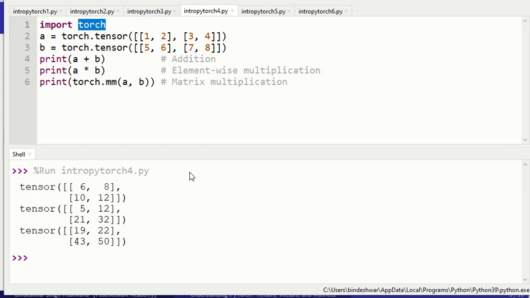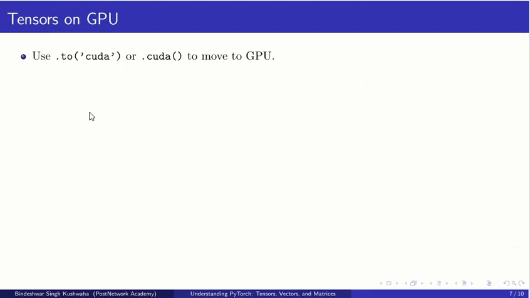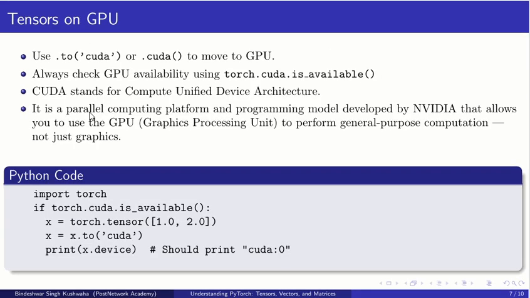Now here we have seen arithmetic operators. Let us understand also, basically, you might be aware that GPUs are made by the NVIDIA company, and GPU stands for graphics processing unit.